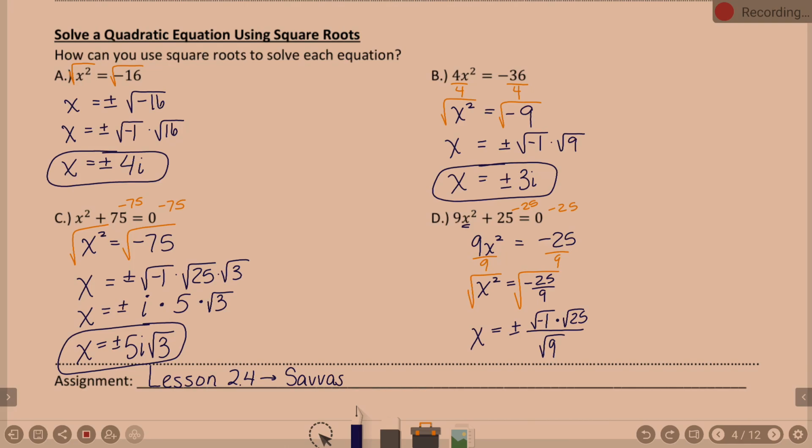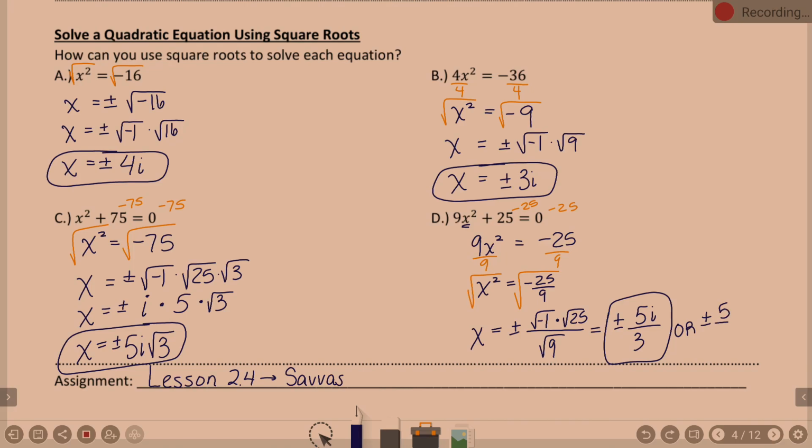Yeah, you should. So, plus or minus, what's the square root of negative 1? i. What's the square root of 25? So on top we have 5i. What's the square root of 9? 3. Plus or minus 5i over 3.